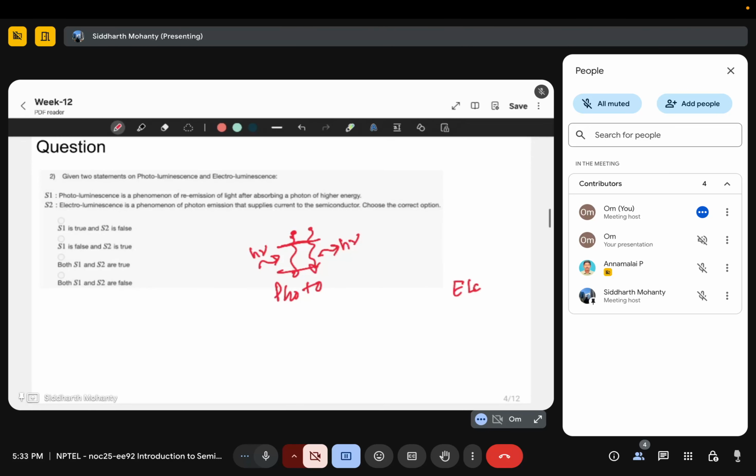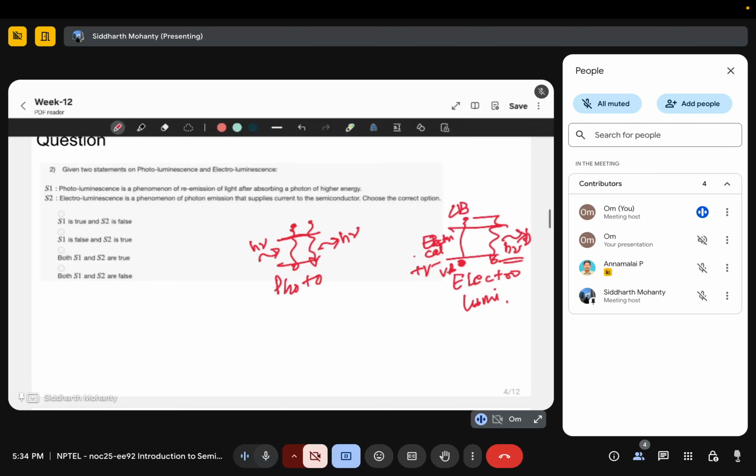In electroluminescence, you supply some form of electrical energy so that this electron goes from valence band to conduction band and then later gives energy in the form of light. This is electroluminescence. So both statement 1 and statement 2 are correct.